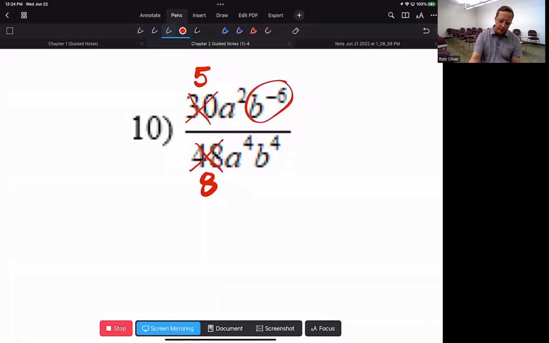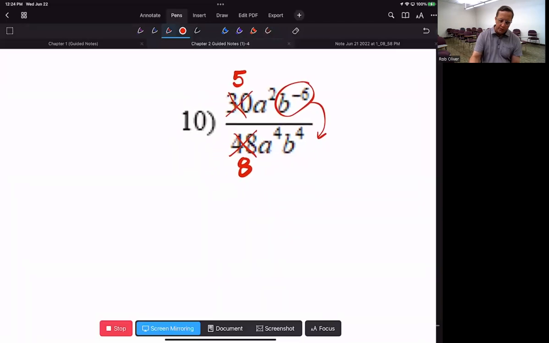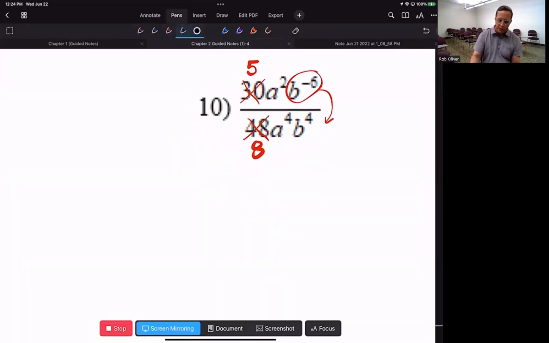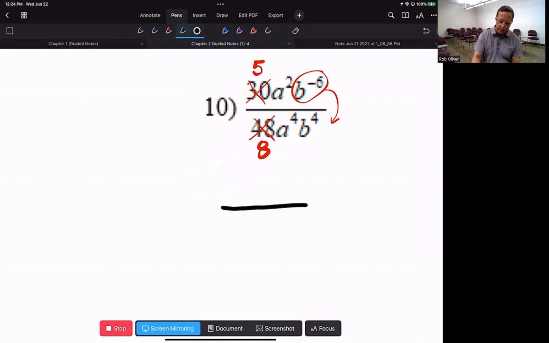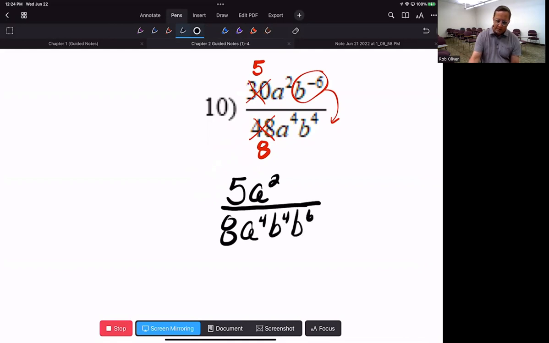All right, now I have a b as well that needs to move. So that's what I'm going to do. When I do this, I try not to do too much at once. So I've got 5a squared. In the denominator, we've got 8, a to the 4th, b to the 4th, and b to the 6th. And the b to the 6th came from moving the -6 power down.